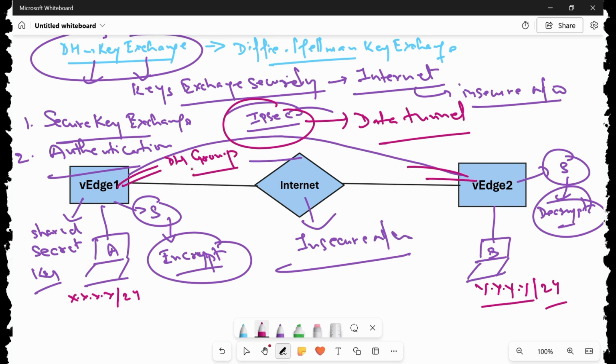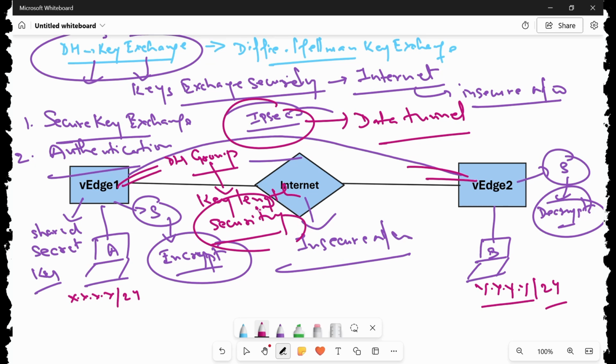This DH group will determine the key length and the security or the strength of the key exchange.